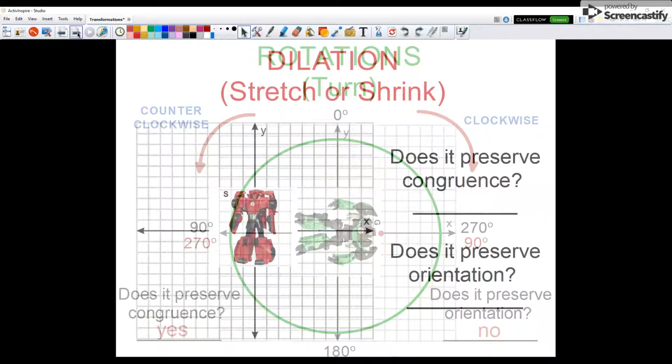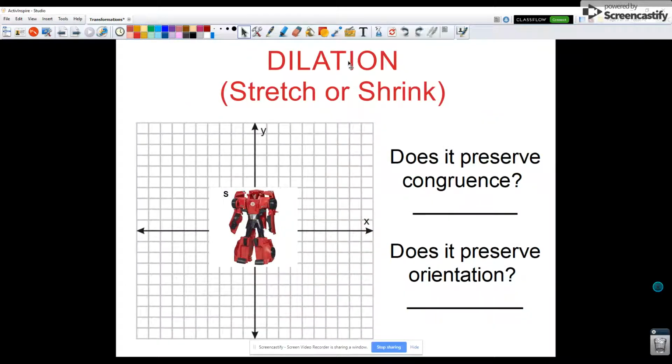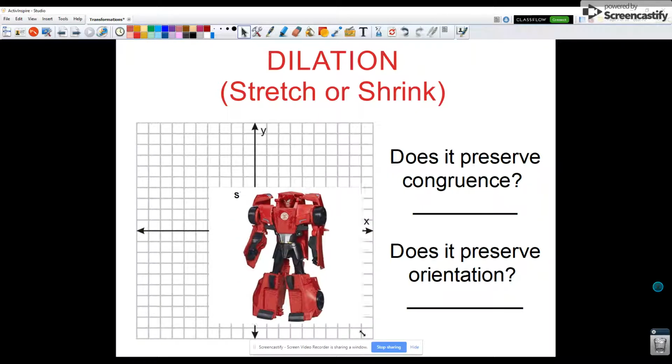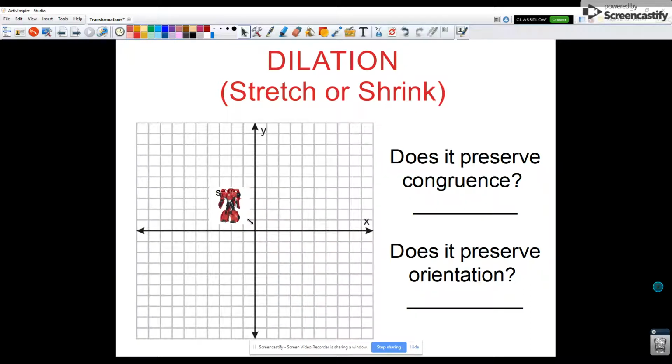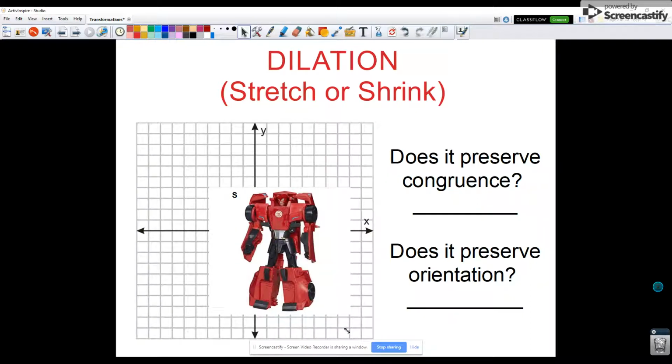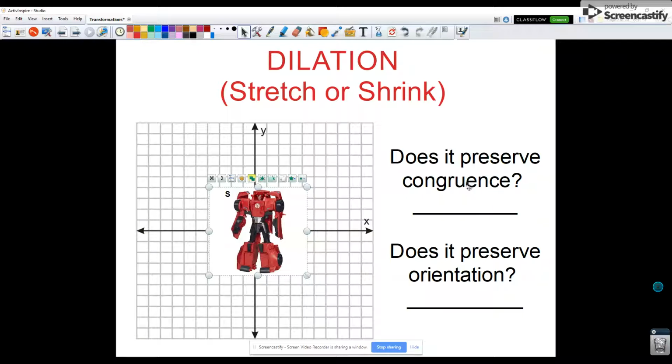The last transformation we're going to discuss is called a dilation. It's referred to as a stretch or a shrink. Here we have Sideswipe, and I am going to stretch him out and make him larger. And we can also shrink him to make him smaller. So from the pre-image to the new image, let's discuss, does Sideswipe preserve congruence?